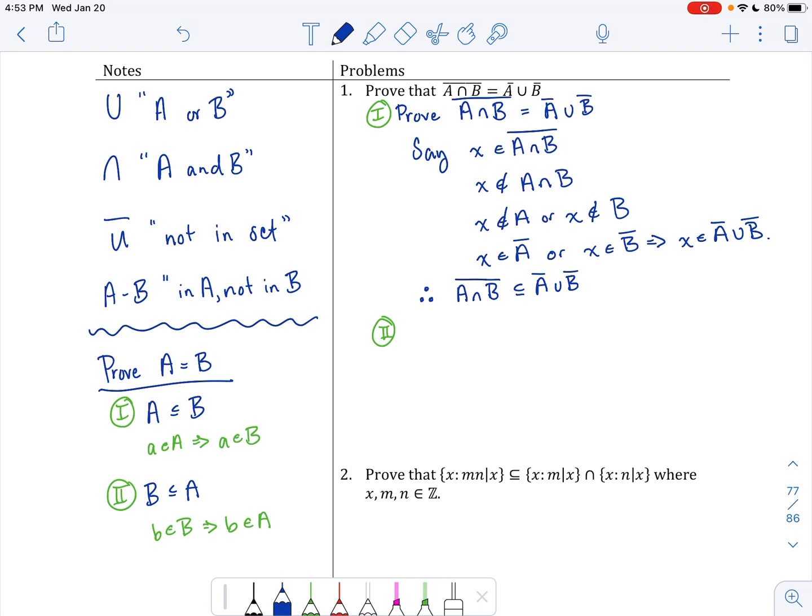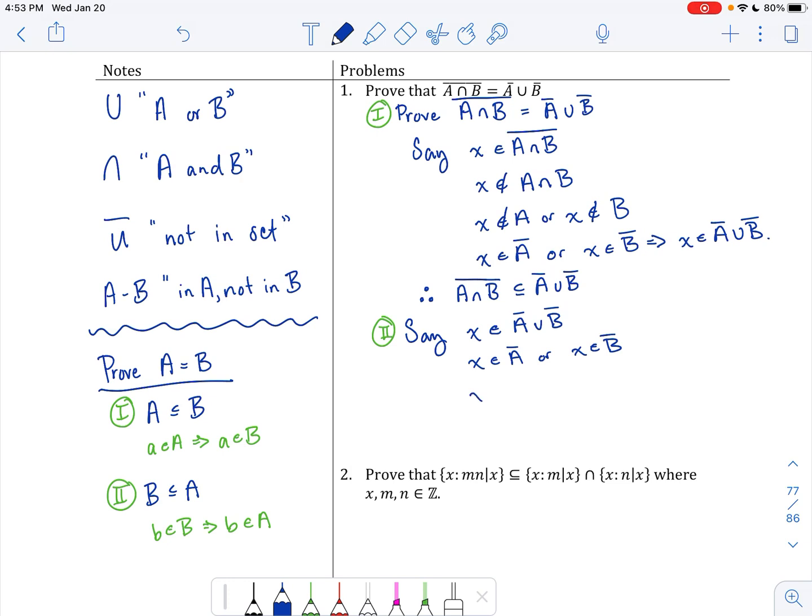In this case, again, we want to prove the subset going the other way. So we want to say that X is an element of the second set, which means that X is in A complement or X is in B complement.